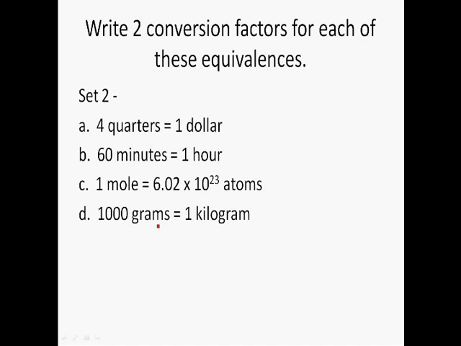We already did this first one, and so you know that 4 quarters is the same thing as $1, or $1 is the same thing as 4 quarters. So in set number 2, you're just going to be setting up conversion factors. So you should have a total of 8 when you are done with those.